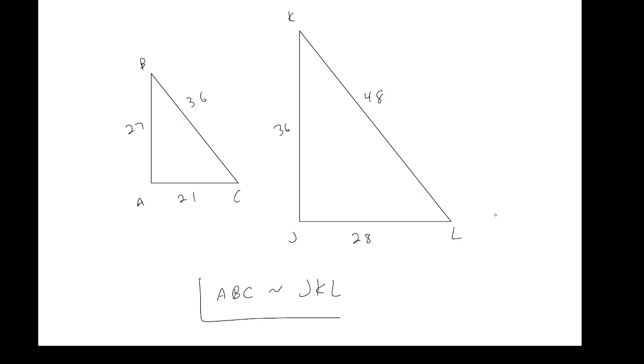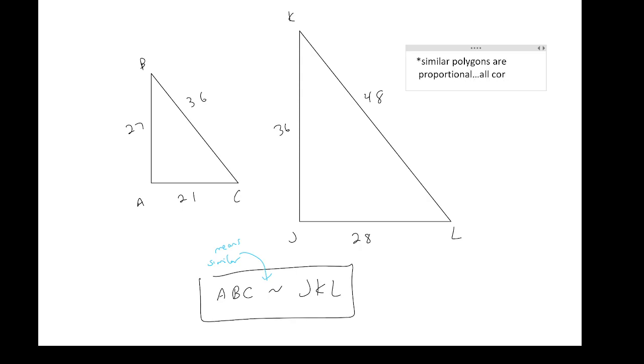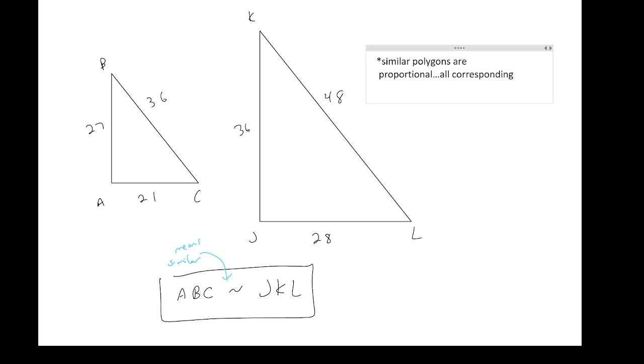So here's our similarity statement. Similar to congruence statements, right, in that these have corresponding parts. This little squiggle means similar. And what that means when we have something that is similar is that similar polygons are proportional, meaning that all the corresponding sides have a ratio and have the same ratio.